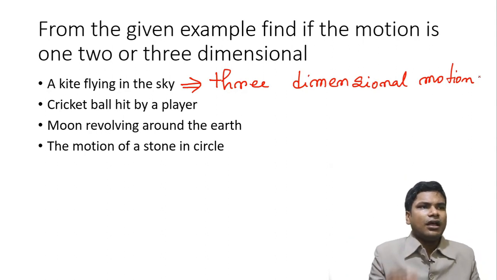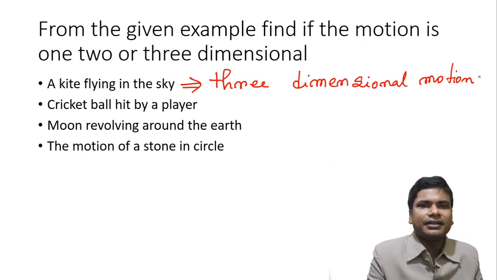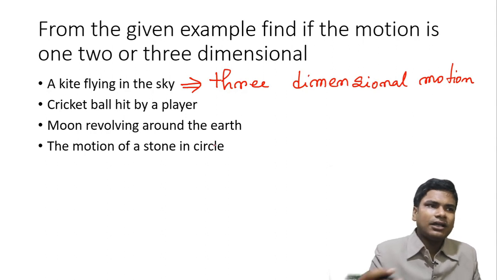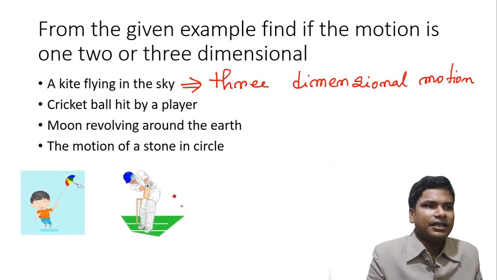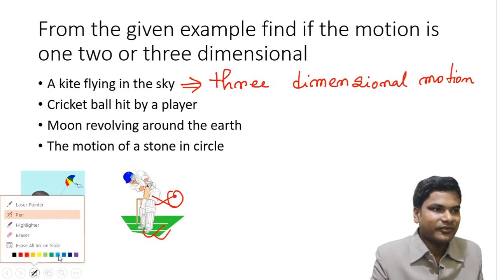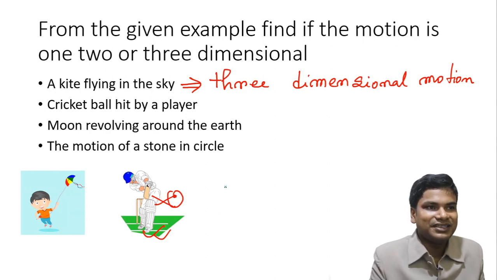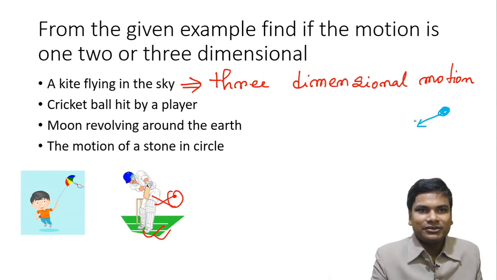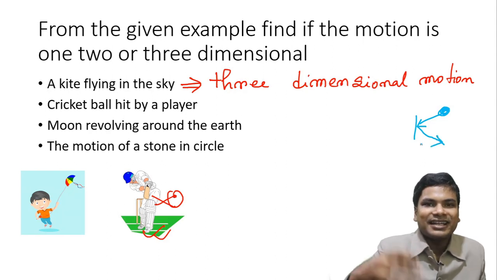Now next one, a cricket ball hit by a player. Here also, if the player is hitting this cricket ball, then it will be a 2-dimensional motion. Why? Because suppose this is a cricket ball, coming towards the player. Now he hits the cricket ball and the ball recoils and moves in another direction.